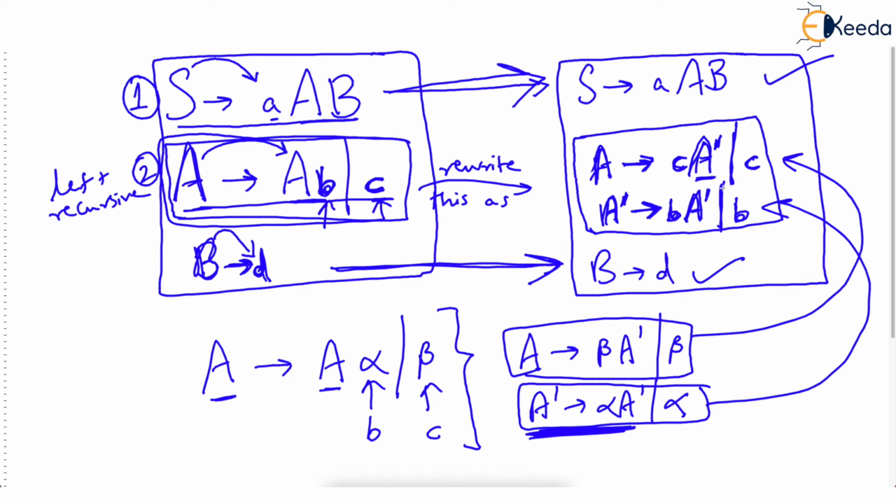Okay. I hope you are understanding. And before I leave this video, you just check all the productions are in GNF. Single terminal followed by a list of non-terminals on the right hand side. Just check this. Non-terminal derives single terminal C followed by non-terminal, or a single terminal on the right.